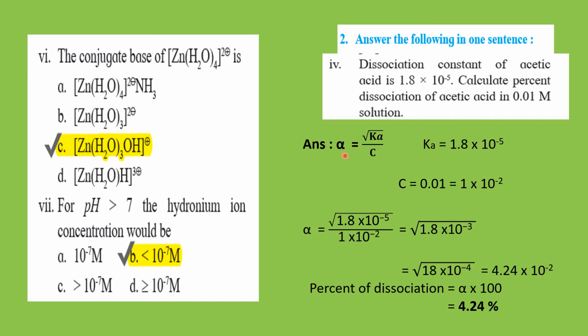We know alpha is equal to square root of Ka upon C. Substituting the values, we get alpha equal to 0.0424. Therefore, the % of dissociation is equal to alpha into 100, which is equal to 4.24%.